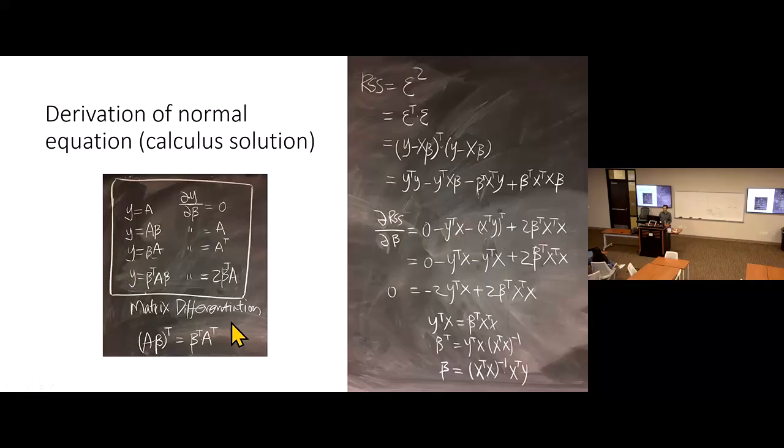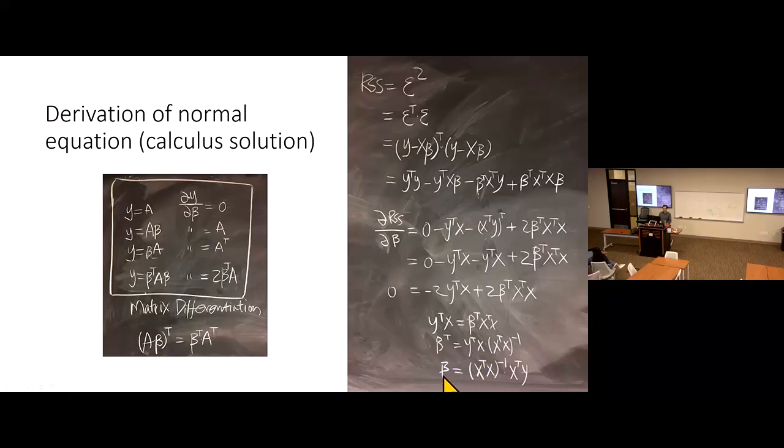Following the given differentiation formulas, you get all these derivatives and simplify. If you need this to be 0, you put 0 here, and in that case beta should be something like this at the end.